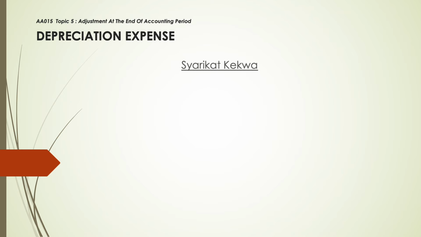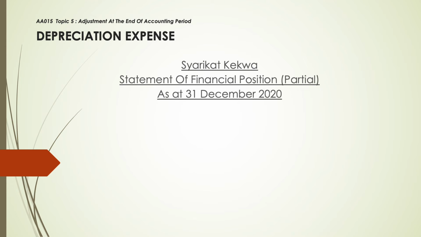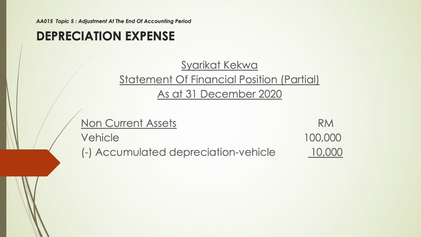While in Syarikat Ketwa statement of financial position (partial) as at 31st December 2020, we record under non-current asset vehicle for 100,000 ringgit minus accumulated depreciation vehicle for 10,000 ringgit, we get the net value of 90,000 ringgit.